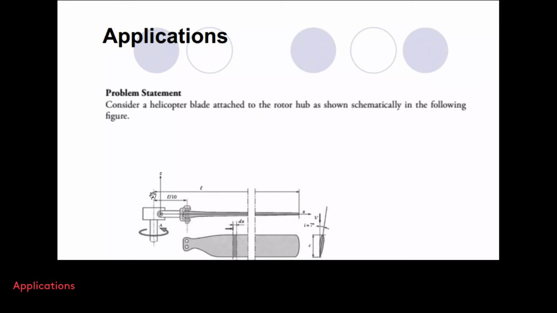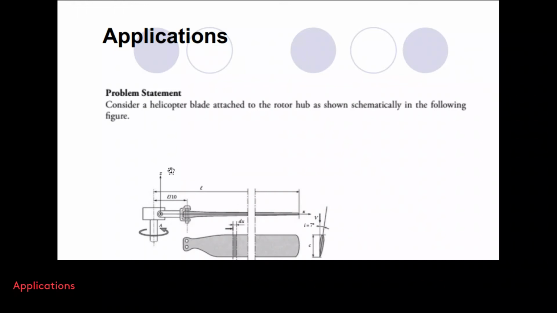So its hub to tip length is given as L, and the joint of the blade from the center of the rotor is given as L divided by 10. The chord length is given as C, and it is constant along the blade as is seen in the figure.